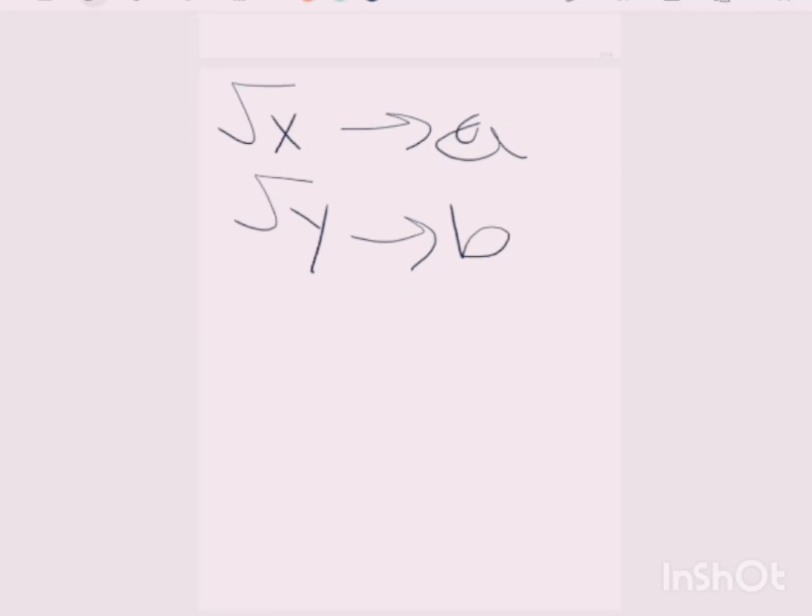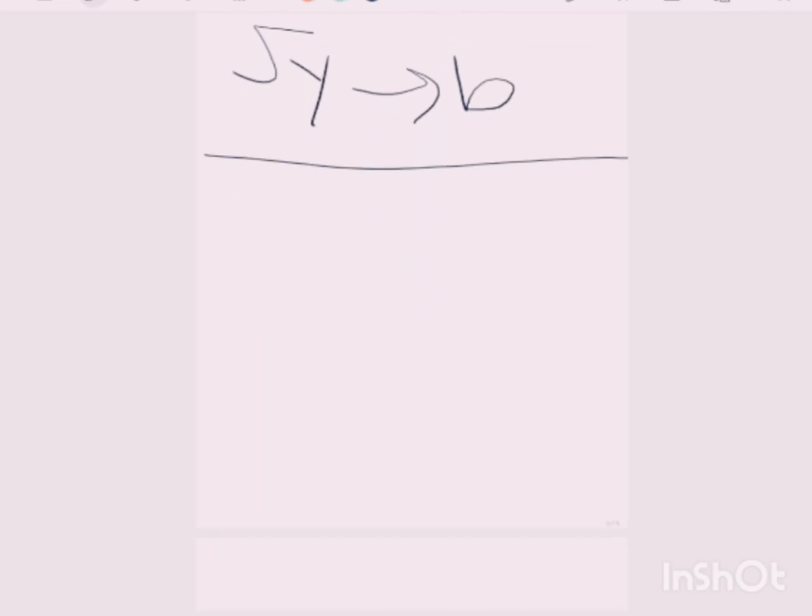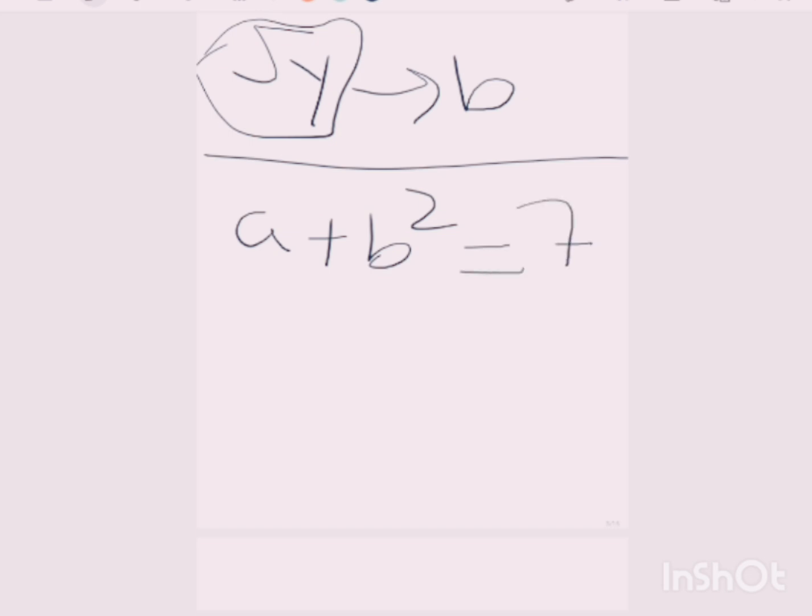Am I clear on this thing? So now the expressions become: root x becomes a, then root y, and when we carry this root to this side it becomes a square, so this will be a plus b square equal to 7, and similarly a square plus b equals 11.